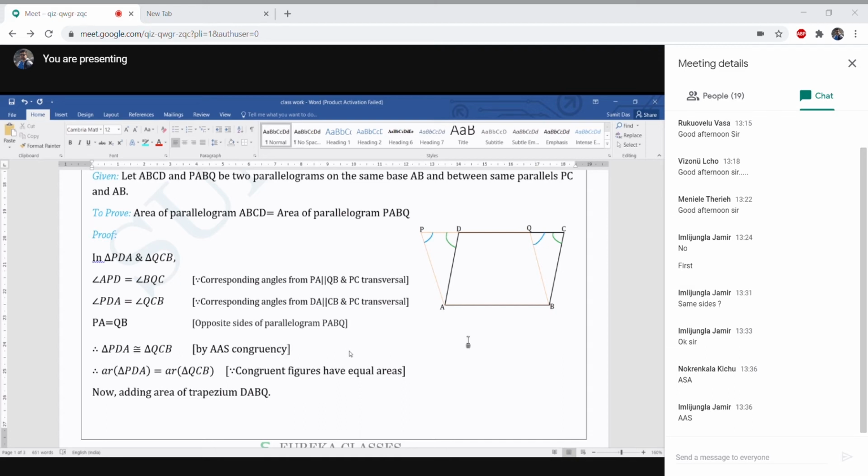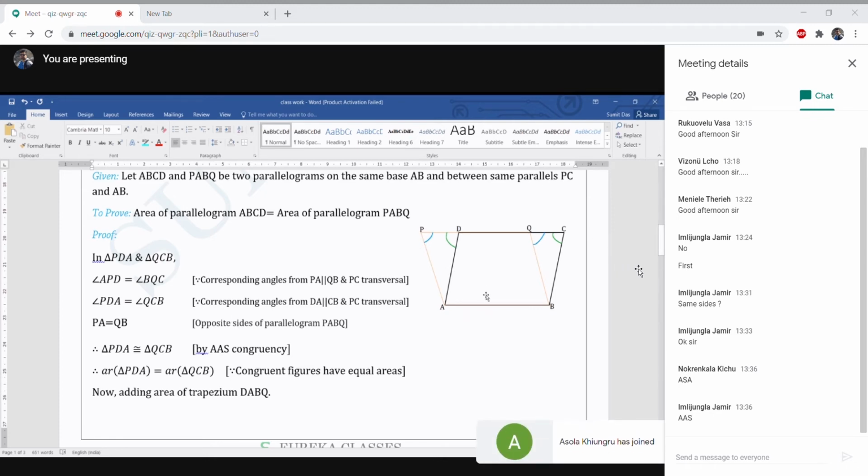This is not ASA, because we have any two pairs of angles and one side. It will be ASA when two angles and the side in between are equal. But here PA and QB are not the in-between side. So that thing you have to remember.